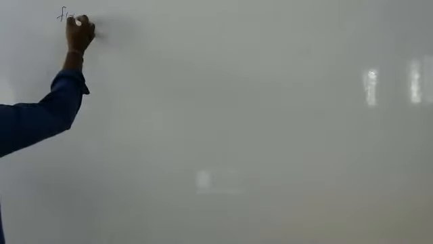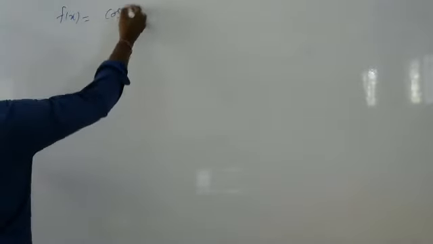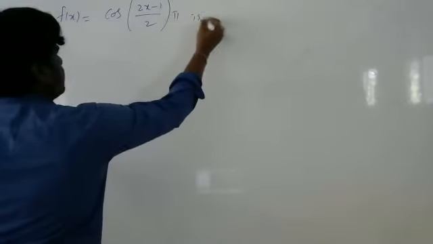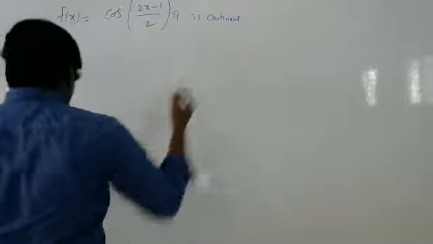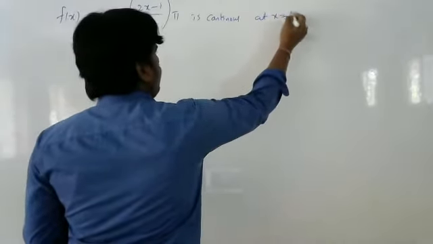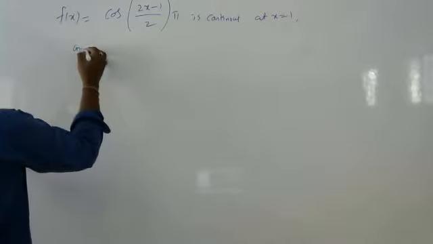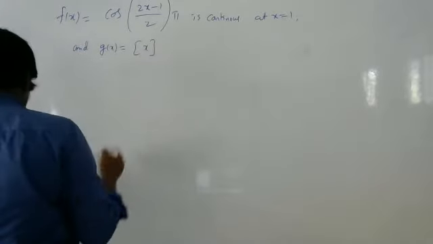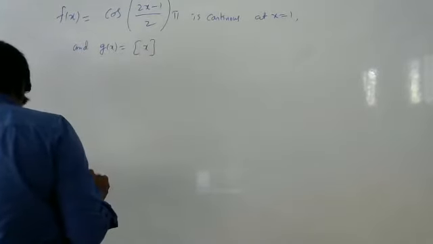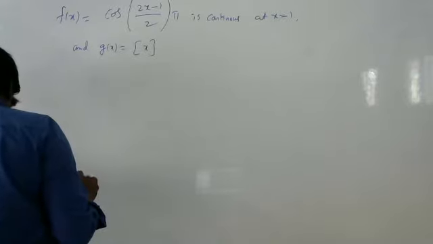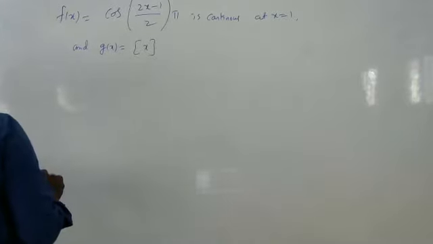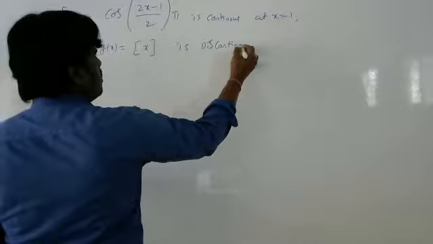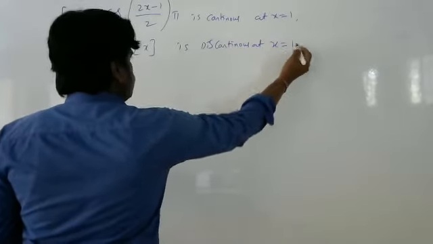So f of x is equal to cos 2x minus 1 by 2 into pi, which is continuous at x is equal to 1, and g of x is equal to the greatest integer x, which is discontinuous at x is equal to 1.